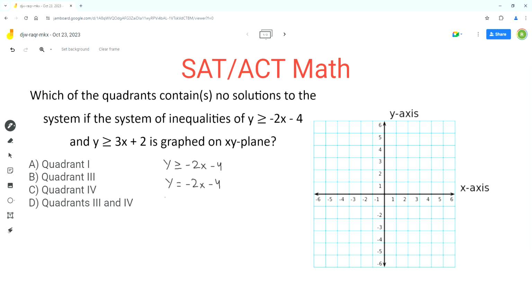The slope of this line is negative 2, the coefficient of the x term, and the b value, the y-intercept, is negative 4. So if I have to sketch this line, we'll start at the y-intercept, which is equal to negative 4, and the slope represents the rise over run, which can also be written as negative 2 over 1.